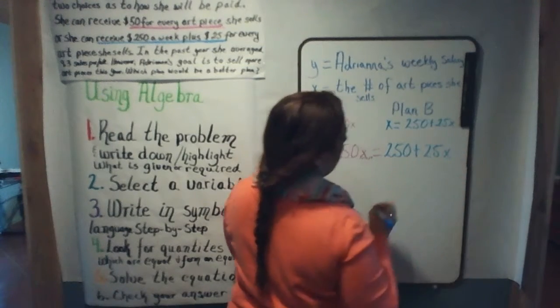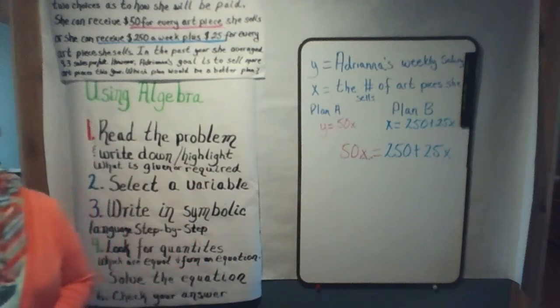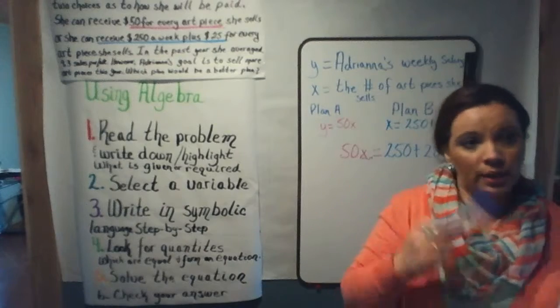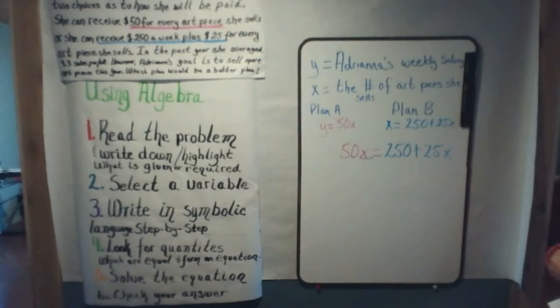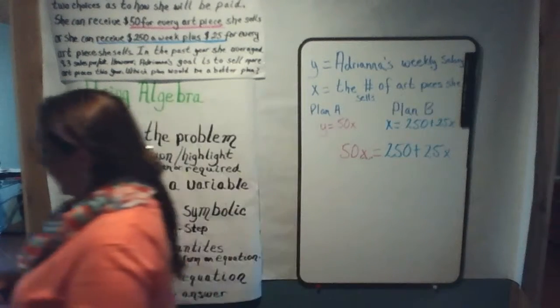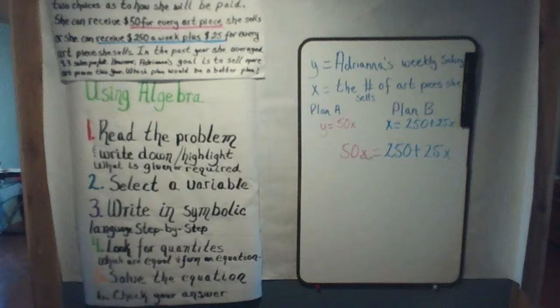At how many art pieces does she have to sell? Okay, so we got to think back to learning our algebra. When you have a variable, you want that variable by itself, correct?